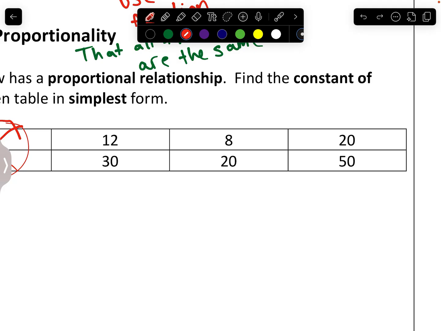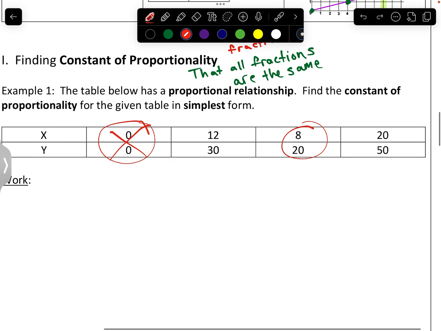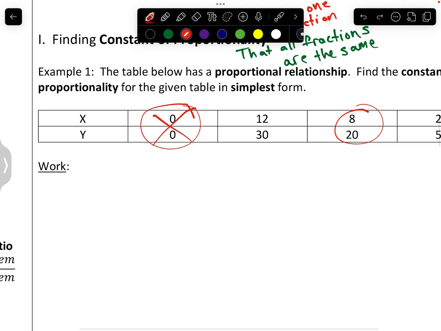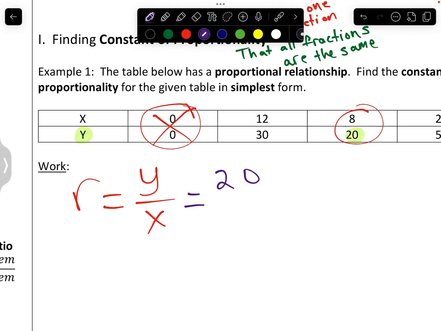So, like here, hey, 8 and 20 is pretty easy, but so is 20 and 50 because that's just tens, right? 2 times 10, 5 times 10. But let's do 8 and 20. Now remember, my rate is y over x. So my y number here is 20, and my x number here is 8.